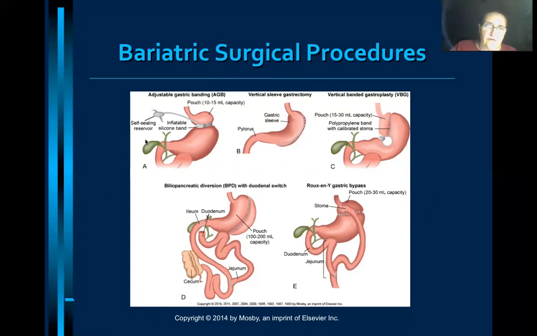We have the vertical sleeve gastrectomy in the top center. Then we have the vertical banded gastroplasty in the top right. Then we have the biliopancreatic diversion, the BPD, on the bottom left. And then we have the Roux-en-Y gastric bypass, on the left, where they actually reroute the intestinal tract.